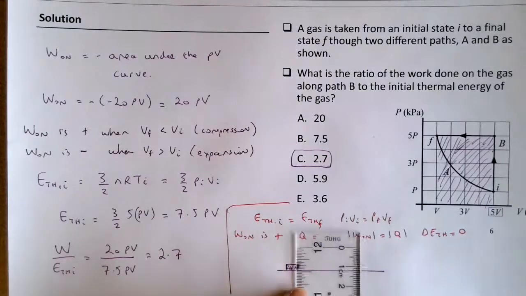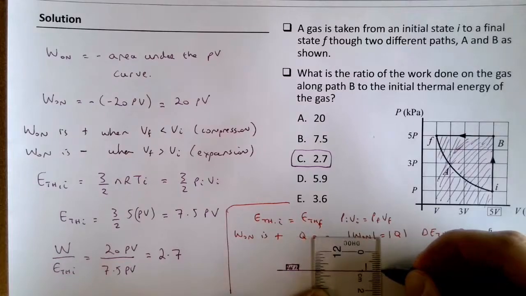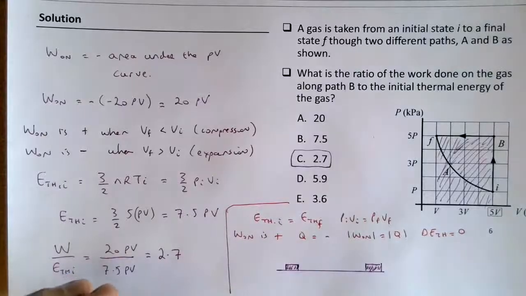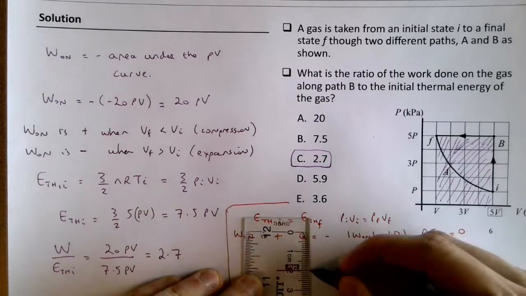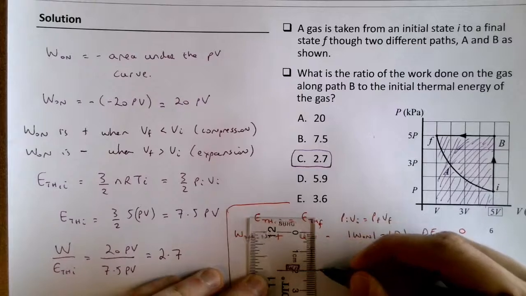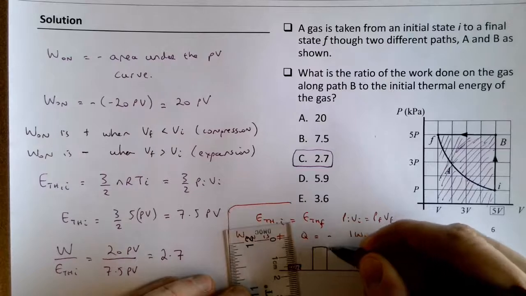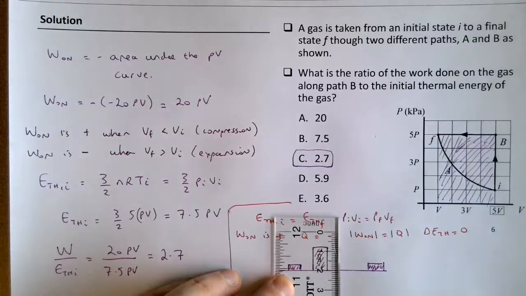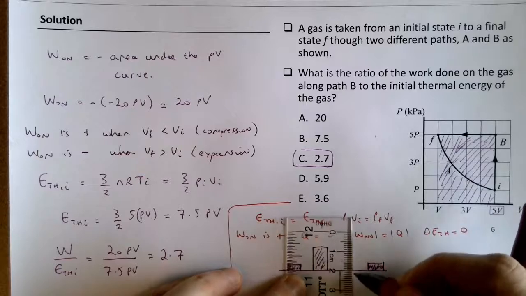So that's my E thermal initial. This will be my E thermal final. It should be the same height. Sorry if I drew it a little bit bigger. It should be the same. The work done is positive, and it should be about 3 times bigger than the initial and final thermal energy. And then the Q should be negative at the exact same absolute value.